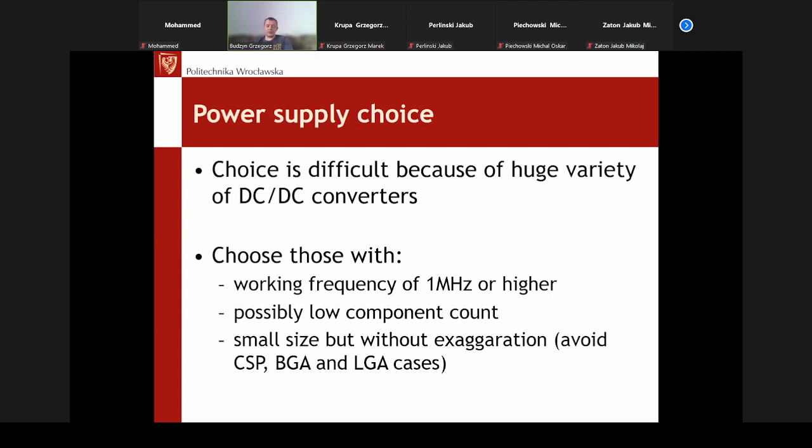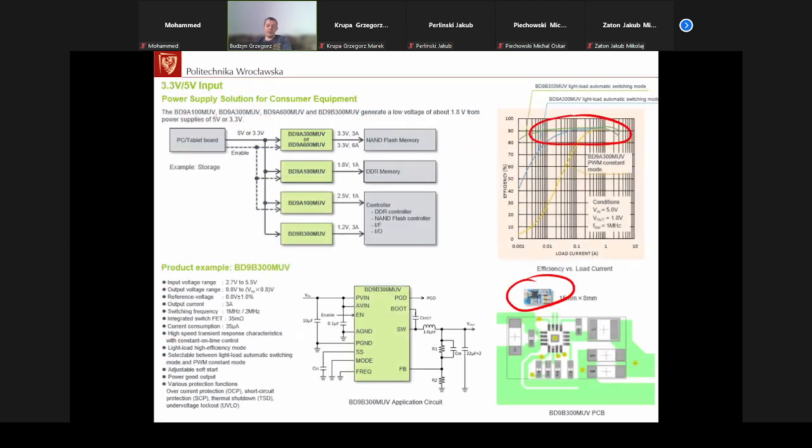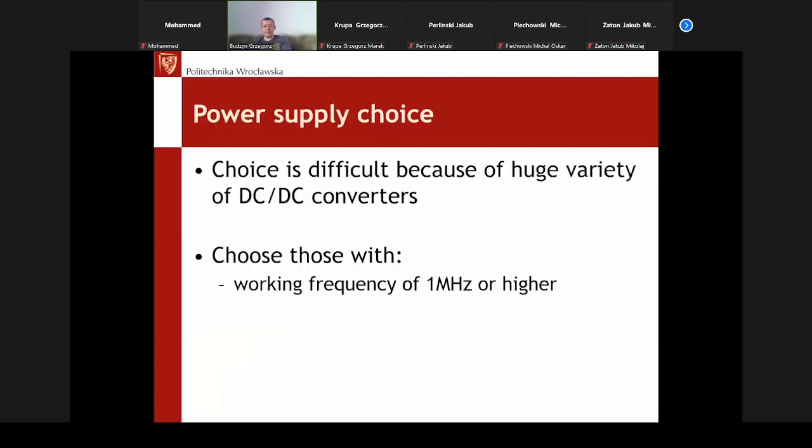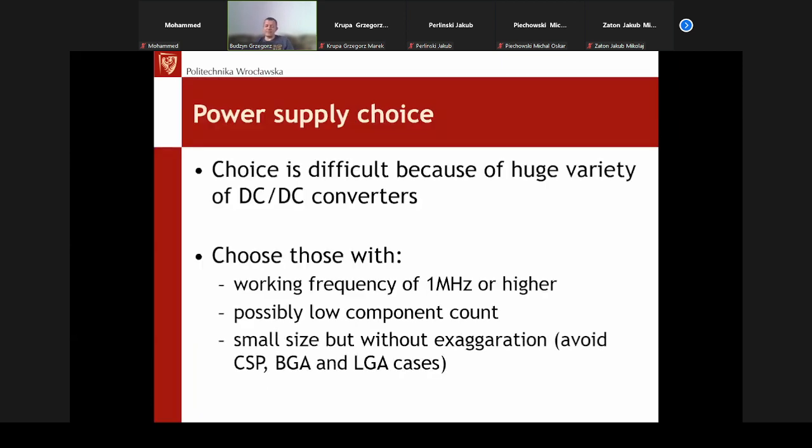Sometimes there is just one component, one case, and we have to use it, like this one, QFN, and we have no option. But still, if there are two tiny cases, which are 1 by 2 millimeters, or 2 by 2 millimeters, then I think about it.